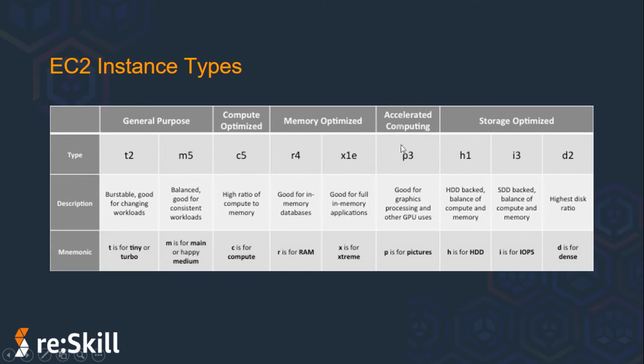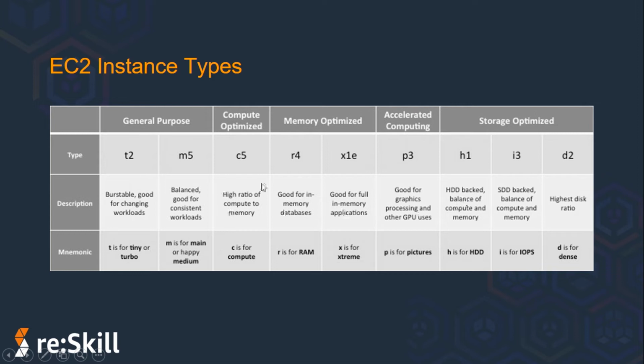Then accelerated computing, if we have very high performance computing applications which need to process graphics, like machine learning workloads, or for gaming, for that also we can go for accelerated computing instances. Then coming to storage optimized, if we want a large amount of storage, in that case we can go for the storage optimized instances. You can check about the different use cases for each of them, but I gave you a brief overview.